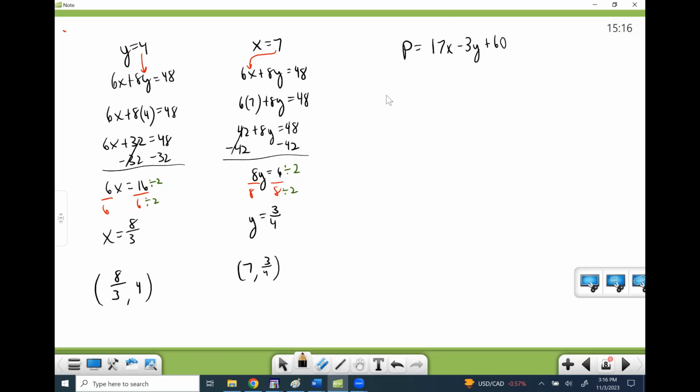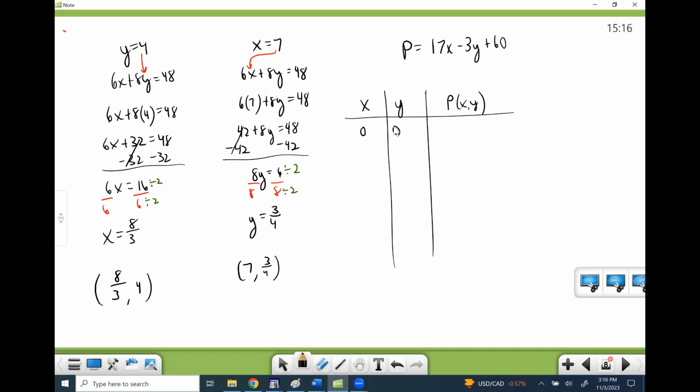So we're going to make a little t-chart, a little table. We'll have our x values, our y values, and what p is evaluated at that point. And I'm just going to put down all of the vertices that we had.